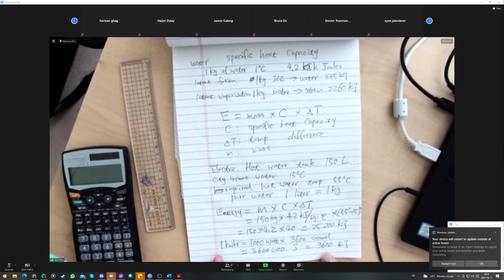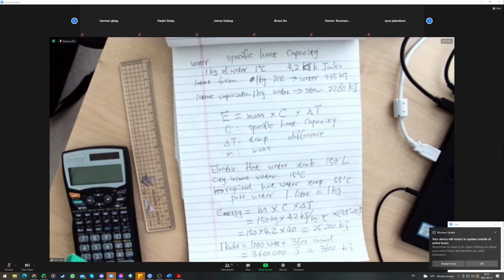You have to know this: 1 kilowatt hour equals how many kilojoules? 3,600, yes. I don't know your name. Which notes do you want to know? The previous one? The one before this? This one?